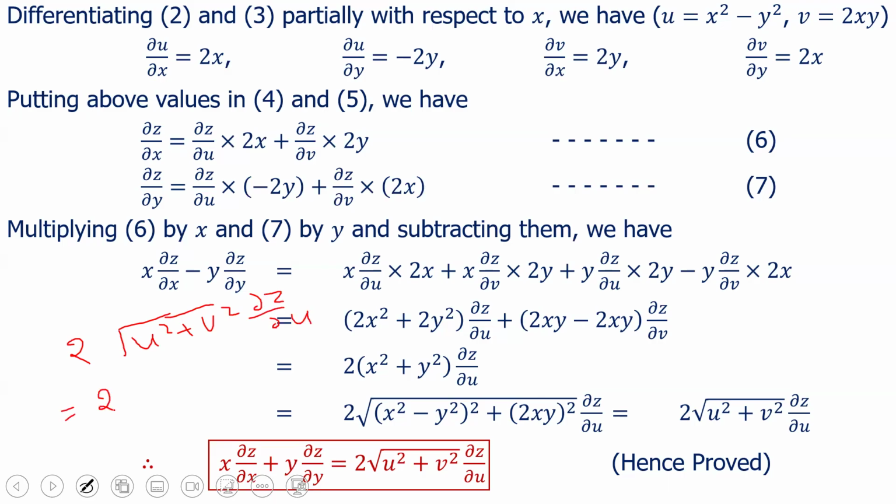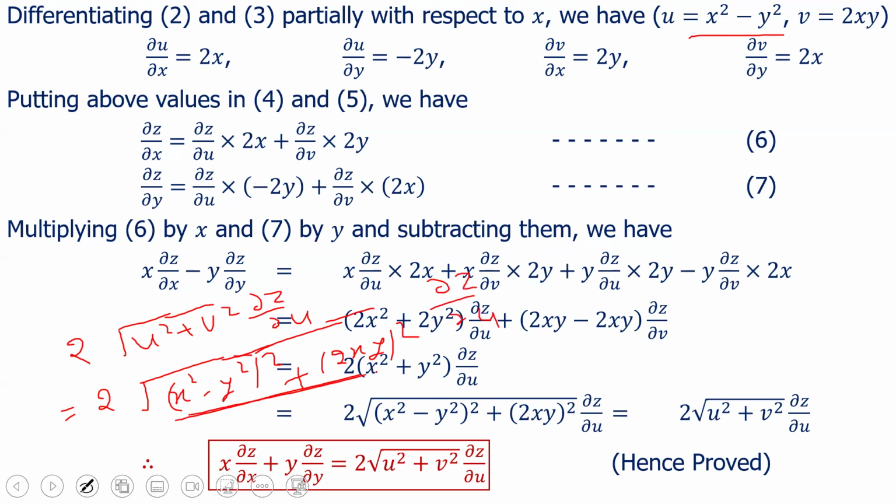Now, what is the value of u square? U is equal to x square minus y square. So u square is nothing but x square minus y square whole square plus 2xy whole square, and del z del u. We have already done this just before.